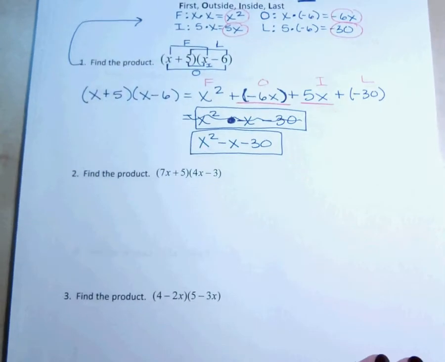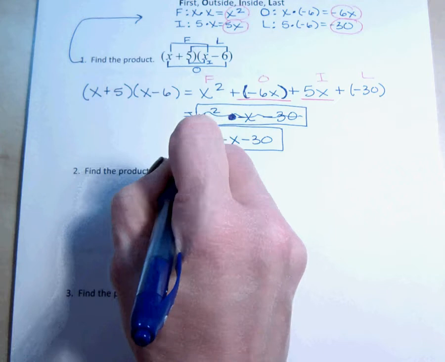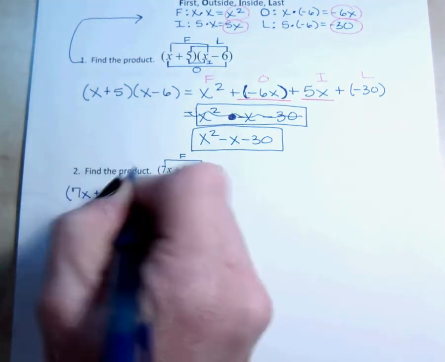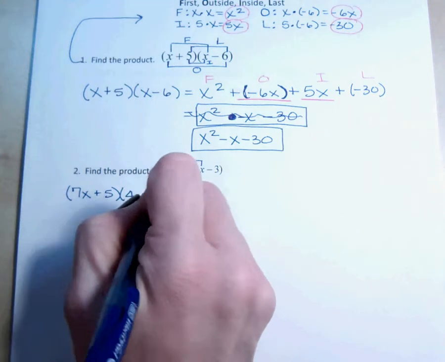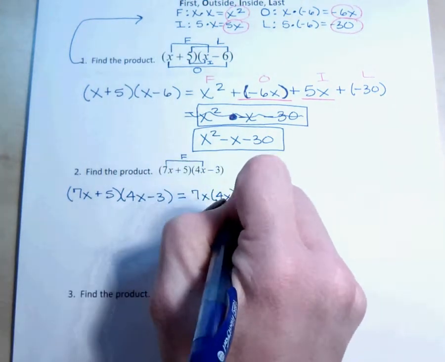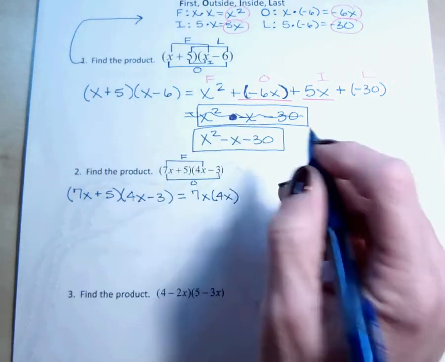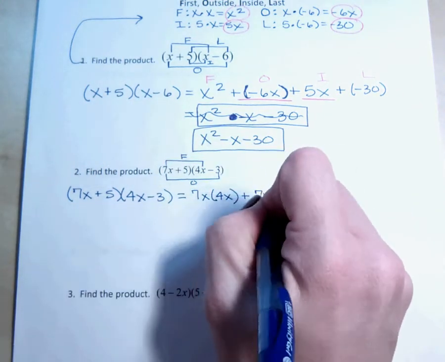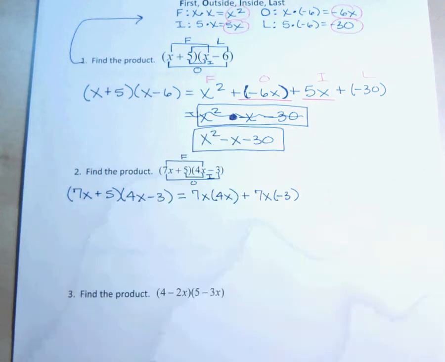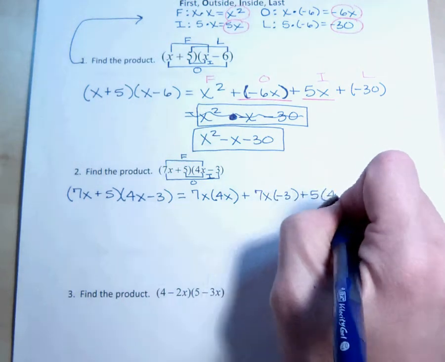Okay, let's look at the next example. Alright, let's do F. So remember, that means take the first term of each binomial. So that's going to give us 7x times 4x. Now let's do the outside. That's going to give us 7x times negative 3. Now let's do the inside. It's going to give us 5 times 4x.